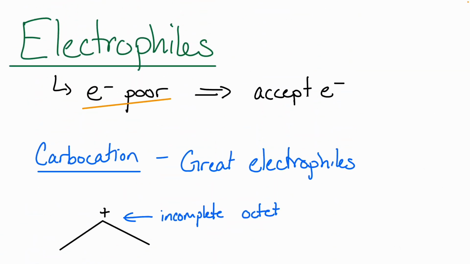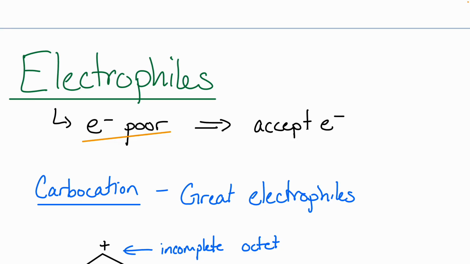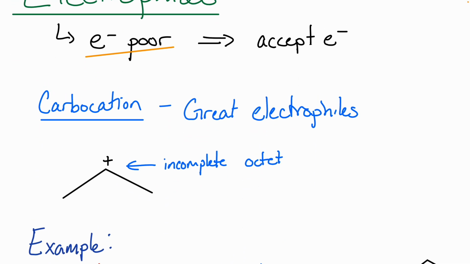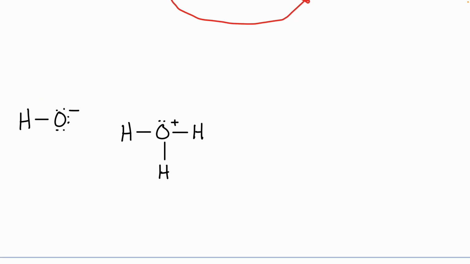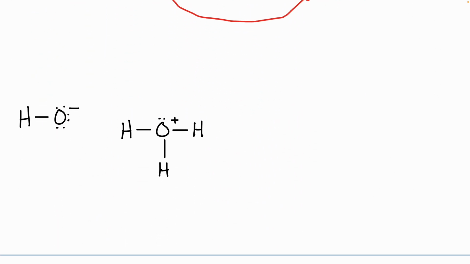Again, one of the most important features of an electrophile is its ability to accept electrons, and that oxygen cannot accept electrons. So a lot of our electrophiles, a carbocation being kind of the exception because of its incomplete octet, a lot of our electrophiles fall into this category of molecules that have good leaving groups.